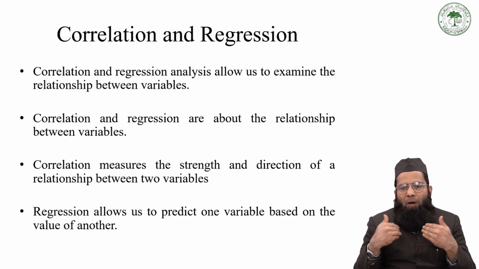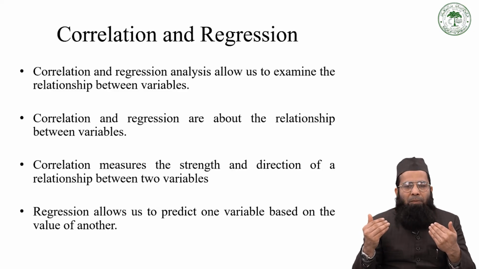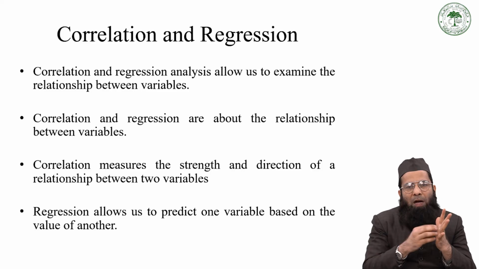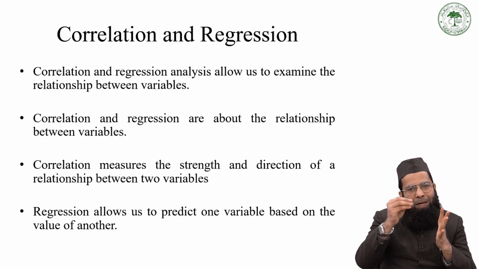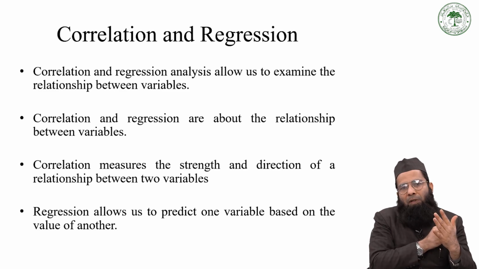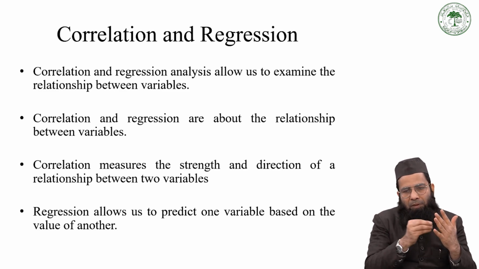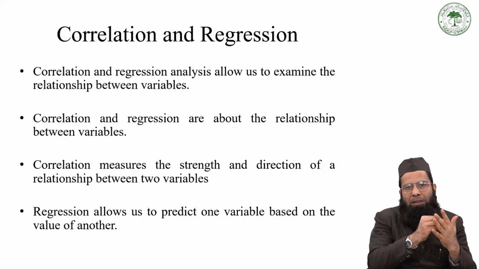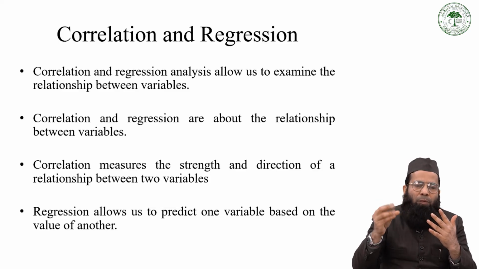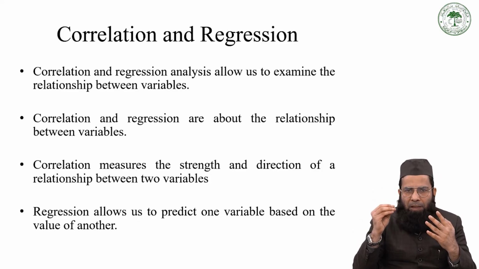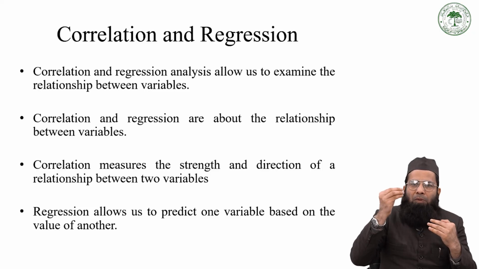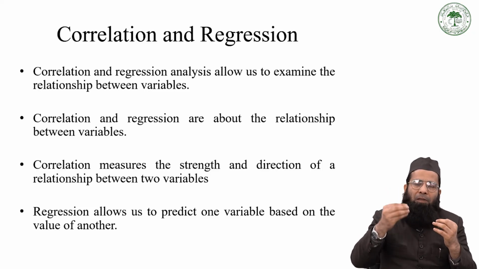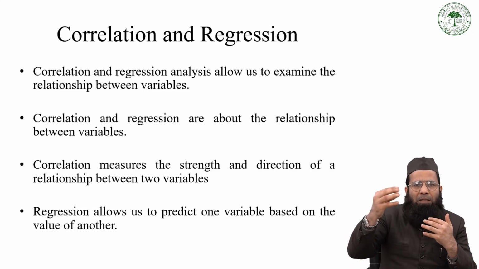Regression allows us to predict one variable based on the value of another. Suppose you want to predict lung disease based on certain independent parameters, let's say age, weight of a person, blood pressure level, and several other parameters.